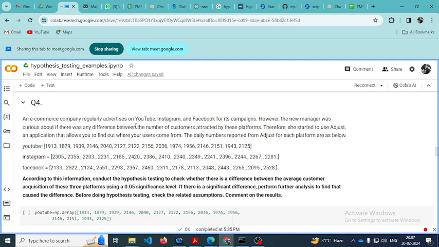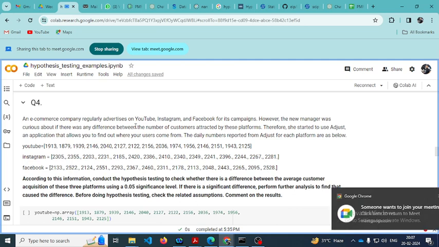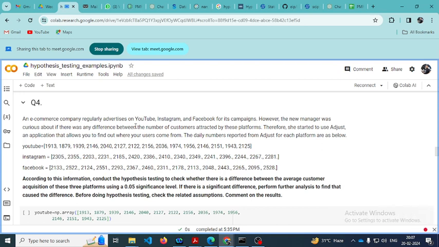Therefore, she started to use Adjust, an application that allows you to find out where your users come from. The daily numbers reported from Adjust for each platform are as below. So there is an e-commerce company that wants to run regular advertisements on three different platforms for campaigns: YouTube, Instagram, and Facebook.